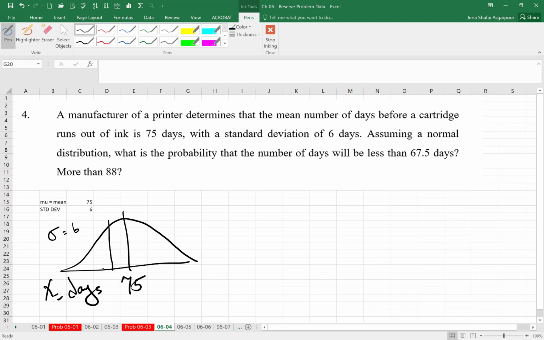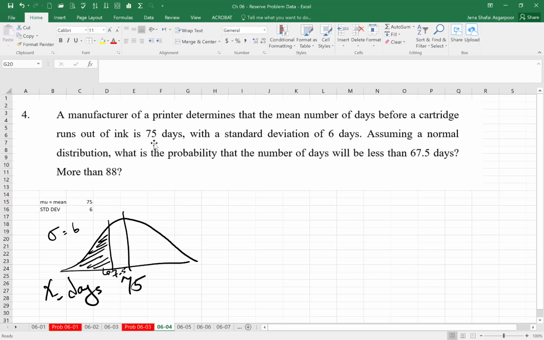So this is 67.5, and we want this area right here. So we can use the NORM.DIST function, or normal distribution function.